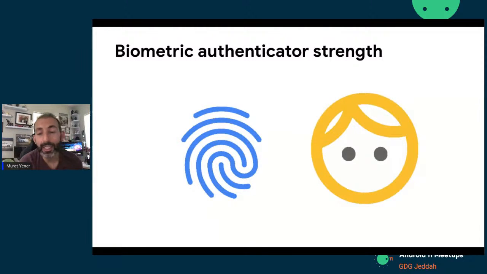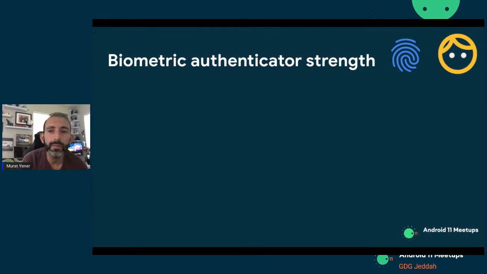Another interesting thing happening is biometric authenticators. We see devices have different authenticators, and they're all very interesting and fun to use. We have finger sensors, 2D, 3D face unlock, iris scanners, and so on.